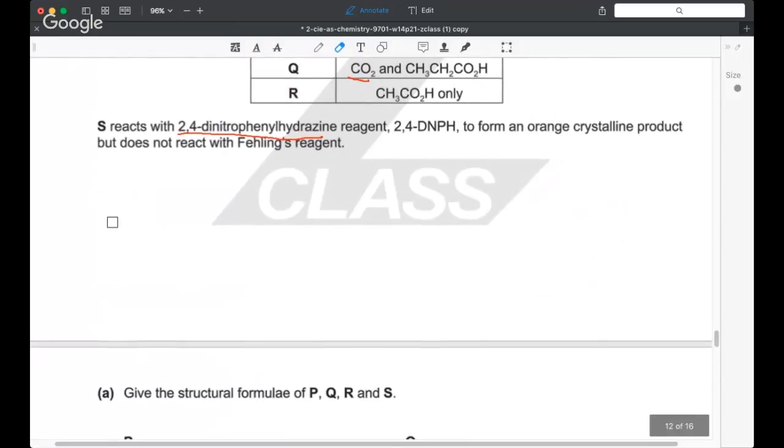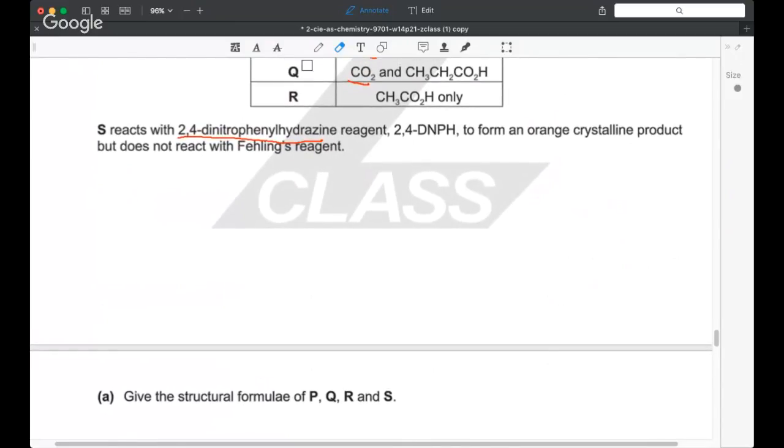And so what you end up with is, if I just draw out the displayed formula for all of these, so P is this. Q is this one. And you can see why both of those reacted to give carbon dioxide, can't you? Because you just had these hydrogen atoms here.